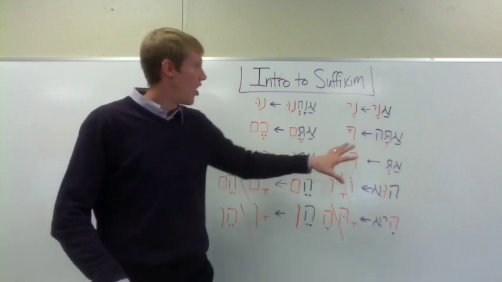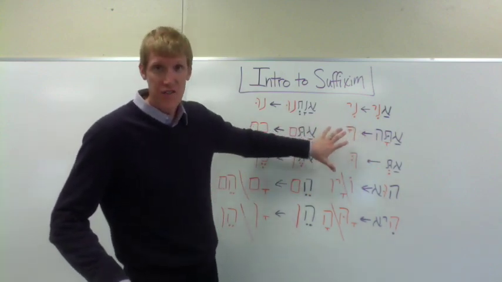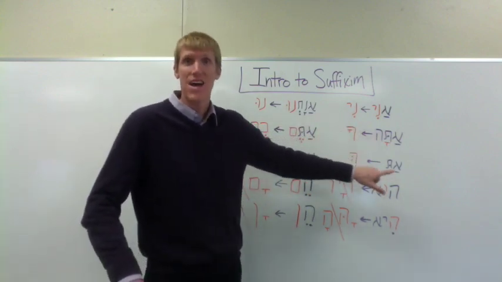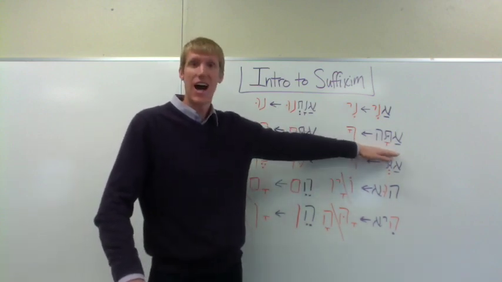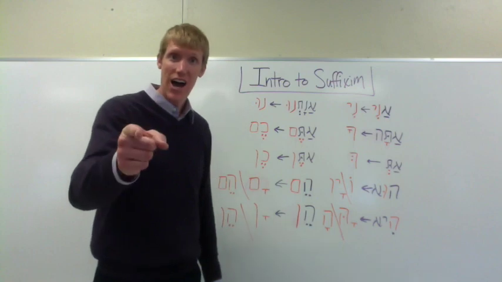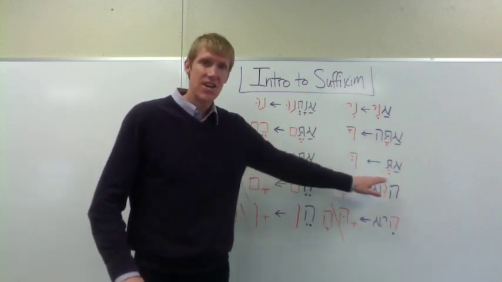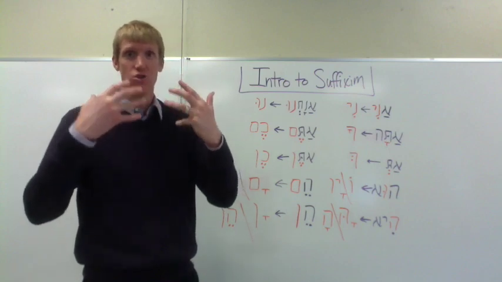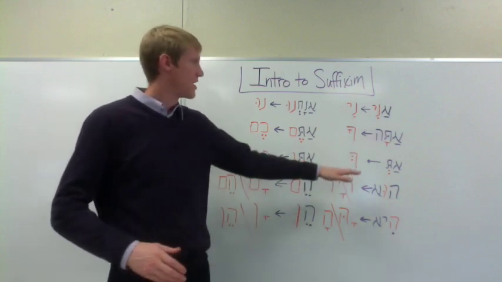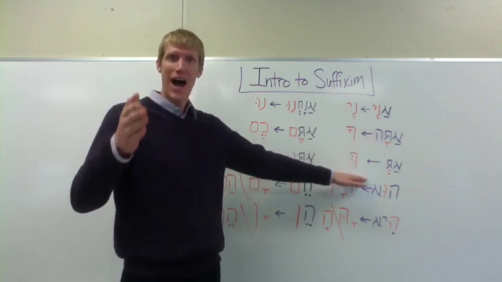And all of the corresponding suffix forms replace that tav with a kaf. So you go from ata to cha, from at to just simply ch, right? You kind of have to hawk a loogie for that one when you're pronouncing it, but from at.